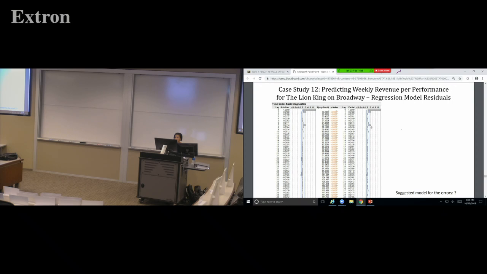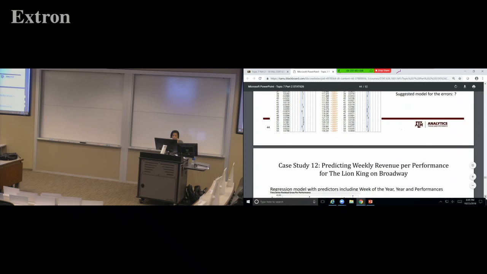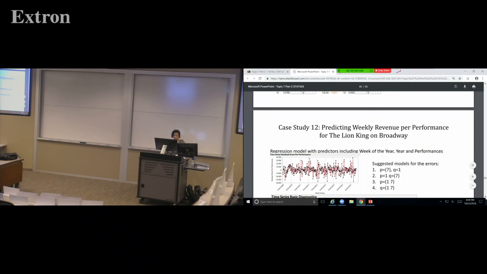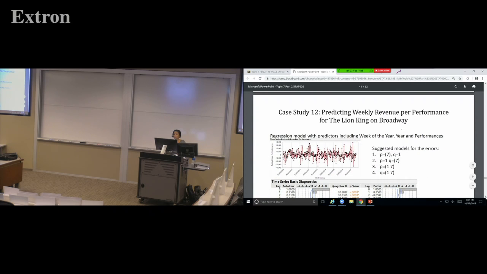You see a significant lag at 7. 14 is really close to being significant. It's right on the line. So there might be a cycle of 7. It's just my idea.